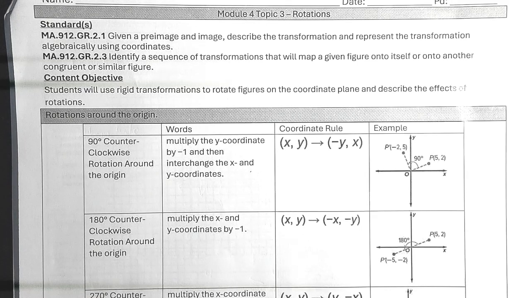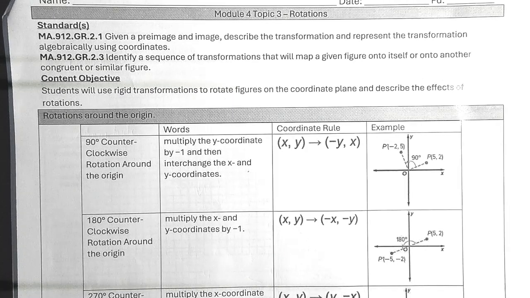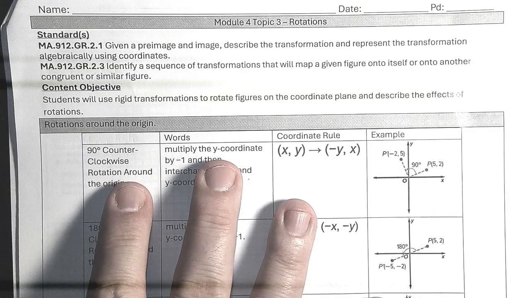So rotations part 1, we're just going to talk about rotating around the origin. I'm going to do a separate video for part 2, which will talk about rotating about a point, a little more complicated than this one. We're only going to talk counterclockwise in this video.